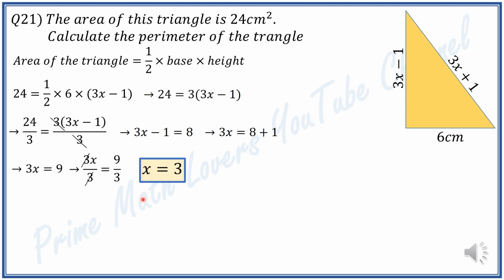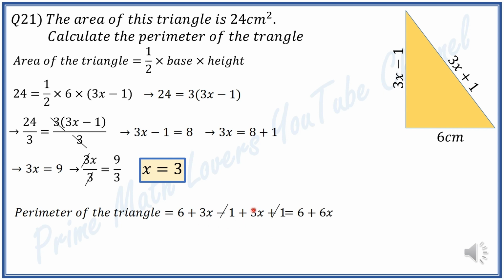Now we can calculate the perimeter of the triangle by summing the lengths of all these sides. So the perimeter of the triangle is equal to 6 plus (3x minus 1) plus (3x plus 1). This negative 1 cancels this positive 1, and 3x plus 3x will be 6x.